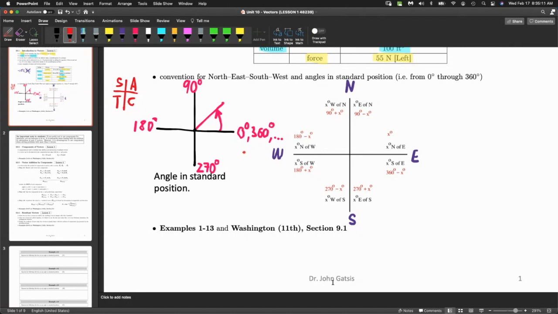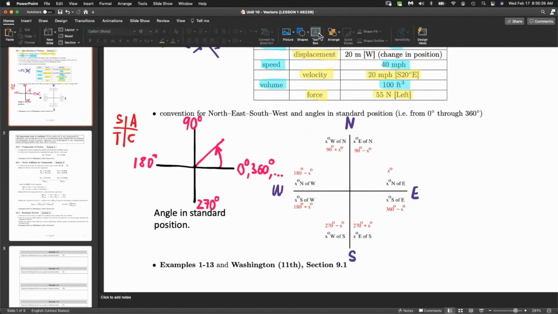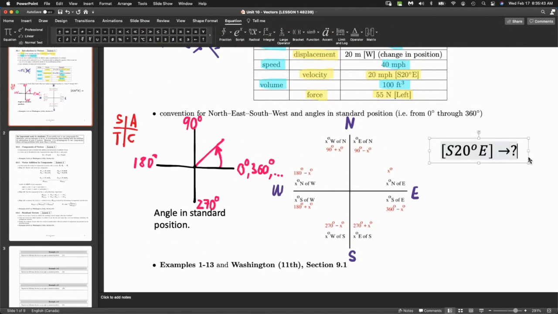So what I want to do now is spend a large portion of today's time talking about how you take a direction like south 20 east and turn it into a number from 0 to 360. So the exercise today for the first hour, a lot of it is going to be turning a direction like south 20 east into an angle in degrees, and that angle is going to be between 0 and 360.